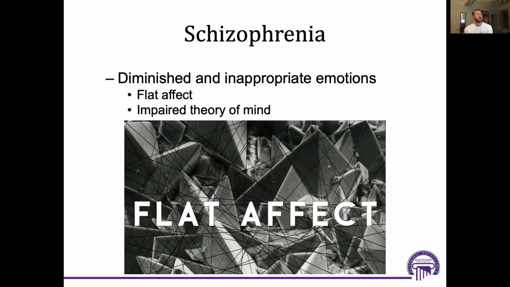And then we also see impaired theory of mind. As a reminder, theory of mind refers to your ability to perspective take, understand that other people's perceptions and experiences differ from your own. And we see that in schizophrenia, there's impaired theory of mind. We talked about impaired theory of mind in relation to autism as well, several chapters ago.